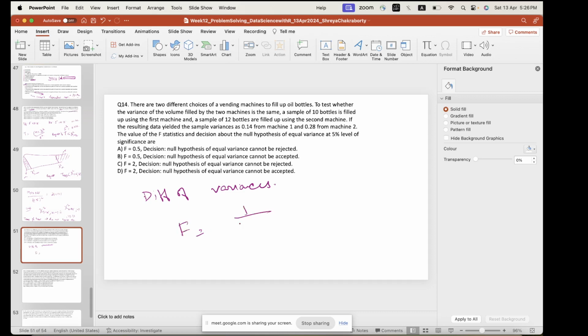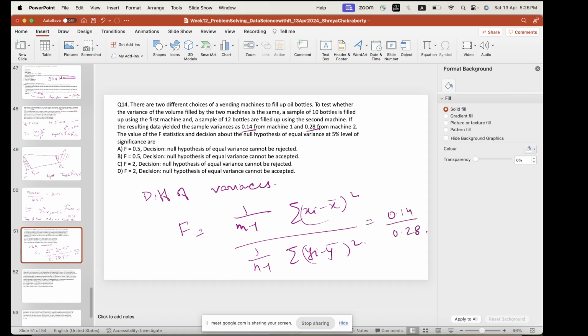F would be 1 by m minus 1 summation xi minus x bar whole square by 1 by n minus 1 summation yi minus y bar whole square. Okay, so sample variances are 0.14 and 0.28. So this would be 0.14 by 0.28. So the F value is actually 0.5 and the critical value is F m minus 1 n minus 1.